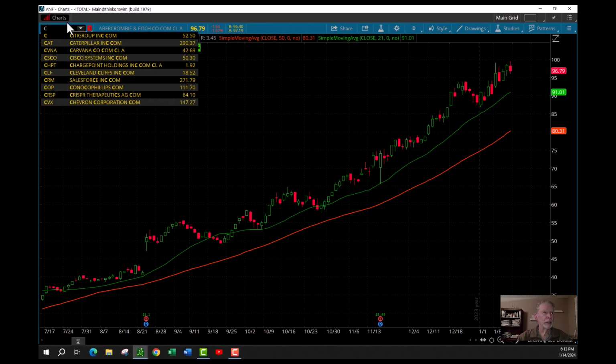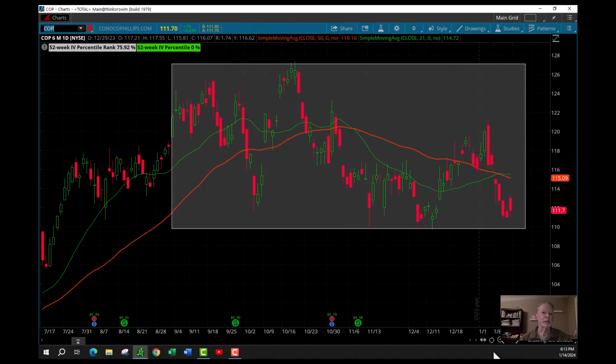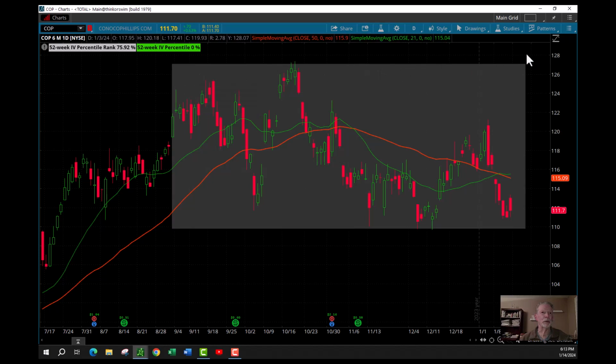Here's one more before we finish. ConocoPhillips, very, very erratic. Of course, there again, this is an oil stock. And we always know there's a lot of ups and downs based on geopolitical references in the world. So I just have this particular rectangle on here. I've been watching this for some time.